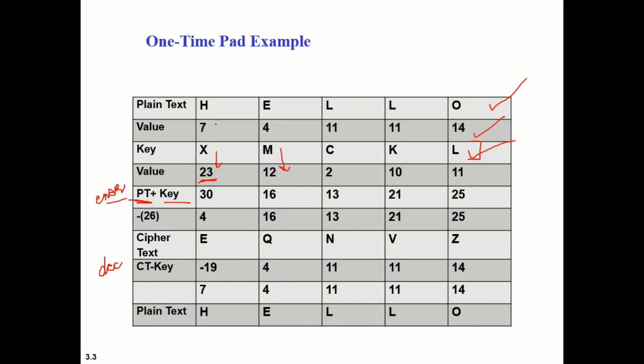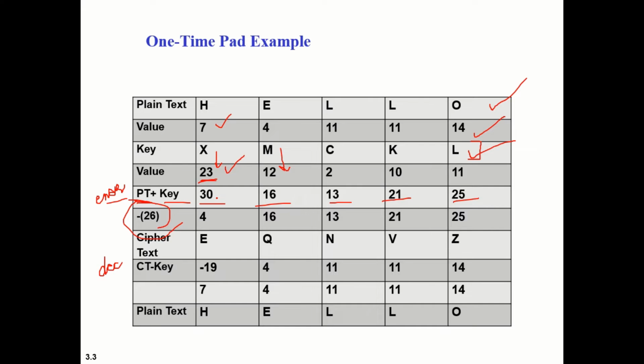We simply perform addition for these two values. After adding the values, if any value exceeds 26, then we subtract 26 from it, because we will have numbers only from 0 to 25.